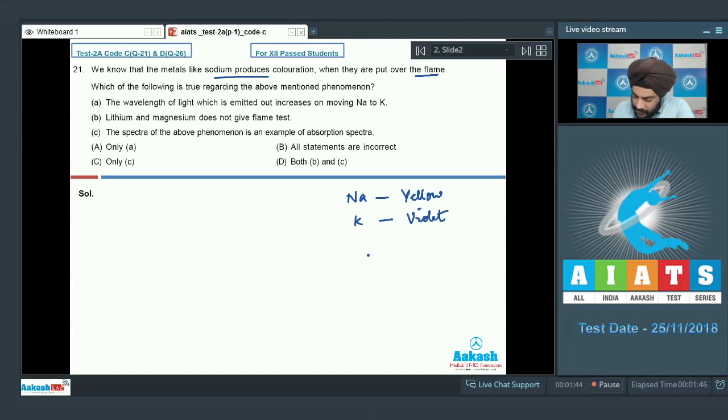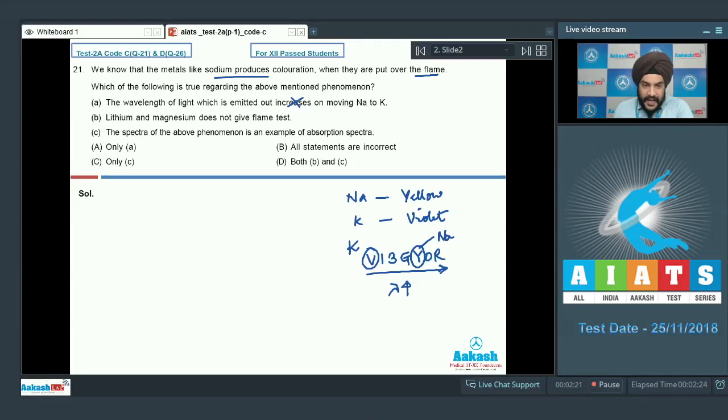So if we talk about the spectrum, we have VIBGYOR, and as we move from left to right, we know that the lambda increases. So potassium, which produces violet coloration, is at the beginning, whereas sodium, which produces yellow coloration, is towards the end. So as we move from Na to K, the value of lambda should decrease. So students, statement A is incorrect. It does not increase. It in fact decreases from sodium to potassium.